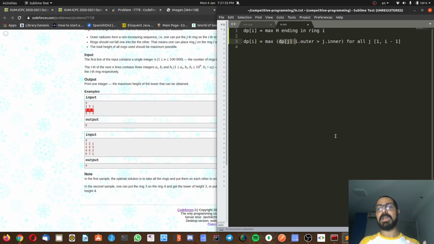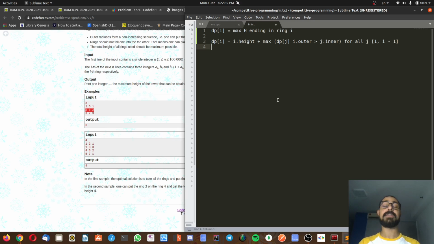So I only care about the relation between the outer radius of the new ring and the inner radius of the previous ring, the one I'm going to stack on top of. So dp of I will be the maximum dp of j such that the outer radius of I is greater than the inner radius of j, plus the height of I.